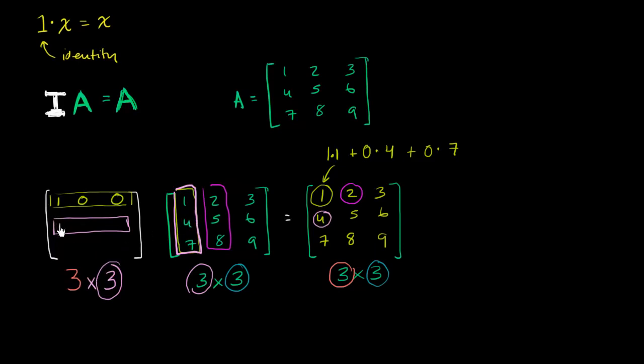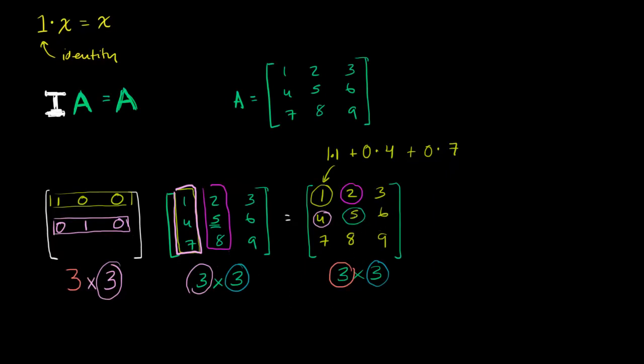So let's multiply 0 times 1 plus 1 times 4 plus 0 times 7. And then we're going to get 4. And that works out for this next entry right over here: 0 times 2 plus 1 times 5 plus 0 times 8. We get 5. And it'll work out the same for this entry over there.